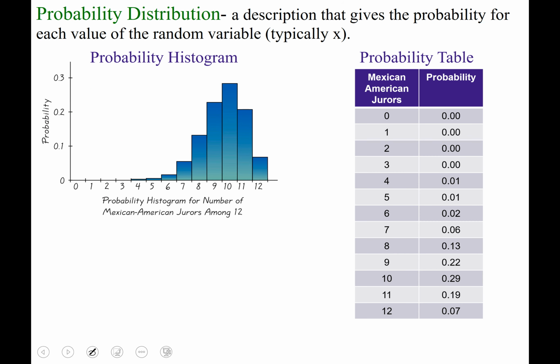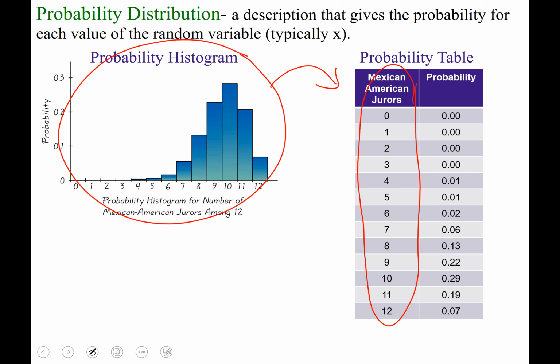Okay, we're taking the same data from this histogram and putting it into this probability table. So you can see again from the definition, it describes the probabilities for all values of X. These are all our possible values for X, these are all our X's, and these are all the heights of the bars in the histogram.